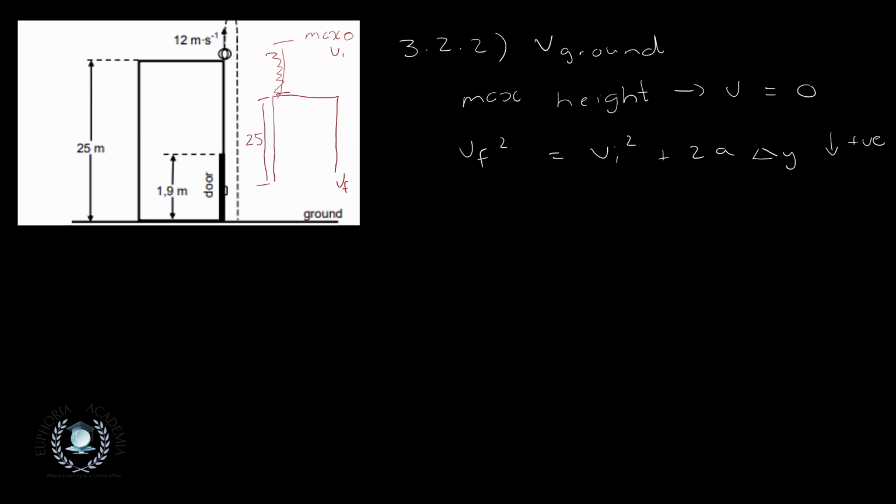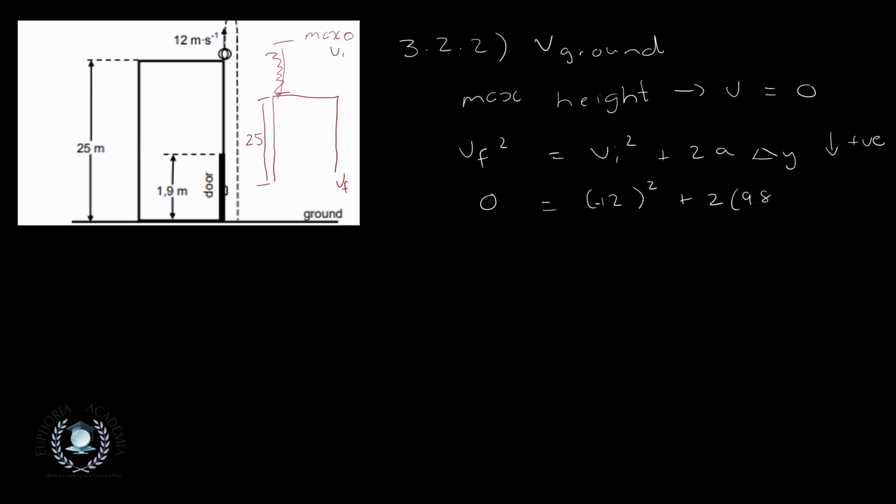Now our Vf squared at this maximum height, the velocity at the maximum height, is going to be 0. And then our Vi is still the 12 that we were told to work with, and that is going to be multiplied by 2. This 12 is negative, by the way.